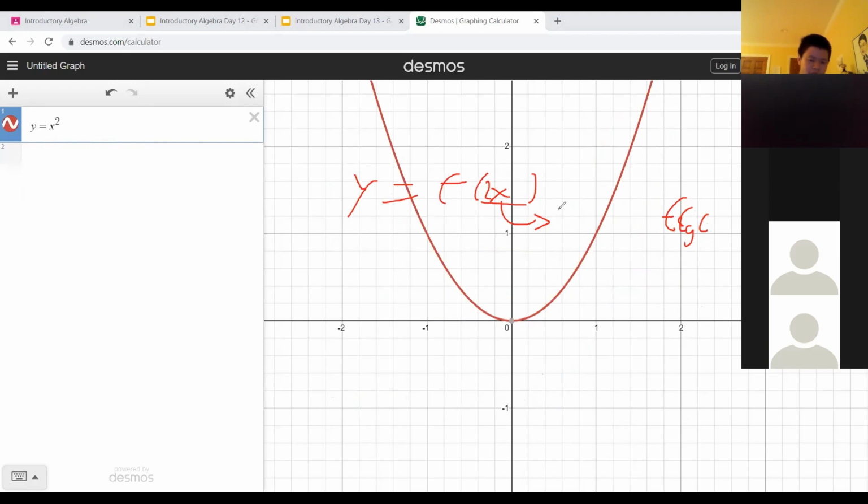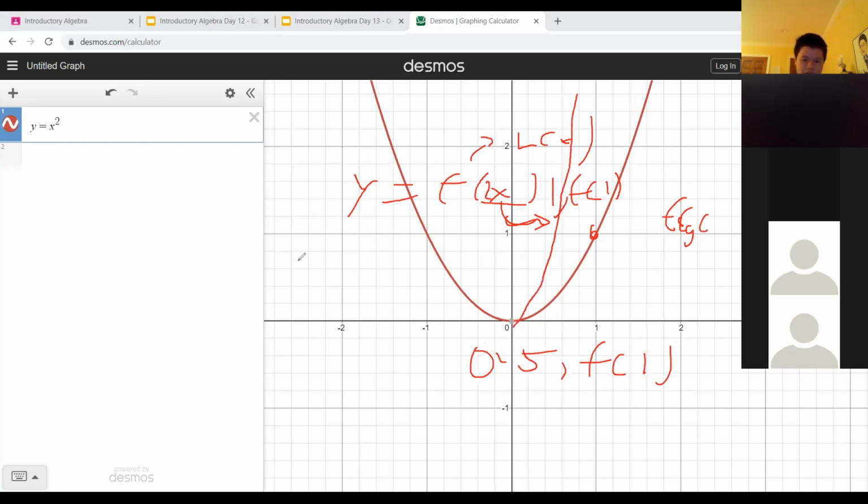You can get it from there. So what does this do? So let's take f(1), and this would be 1. So if this were h(x), let's say 0.5 f(1). So it would be something like this. It's squished.